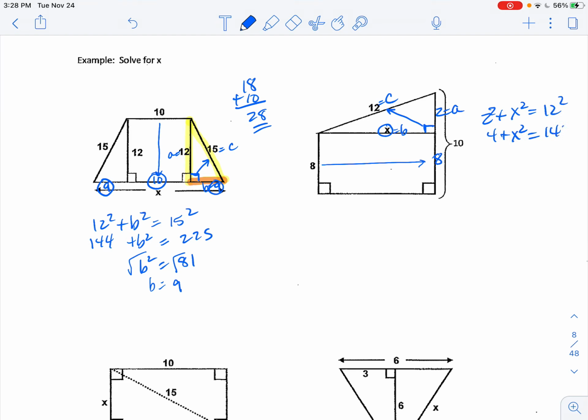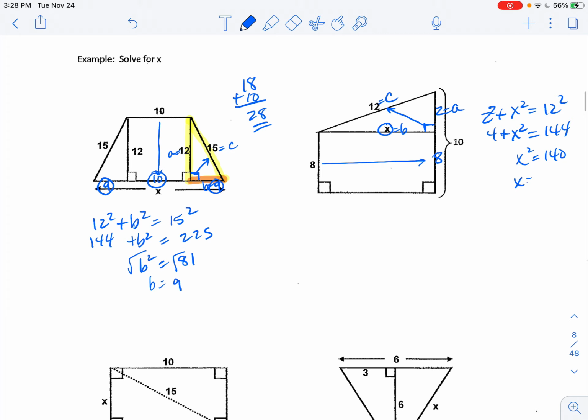So 4 plus x squared is equal to 144. X squared is equal to 140. And if I take the square root, x is the square root of 140. Let's see about a factor tree. So this is an exact value. Let's see if we can simplify that root. 2 and 70, 2 and 35, 5 and 7. Okay, so I have one pair of 2's that come out, and 35 goes back under.